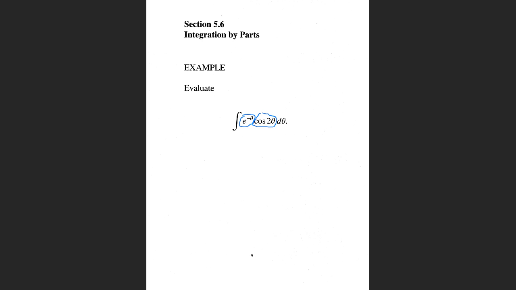It's not like you can take the derivative of one of those functions and get the other function. So like substitution, there's no direct relationship between those two functions, one being the derivative of the other. So we can't use substitution here. We have to use integration by parts.